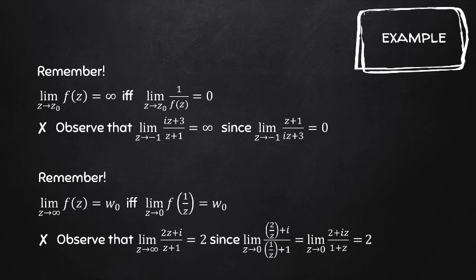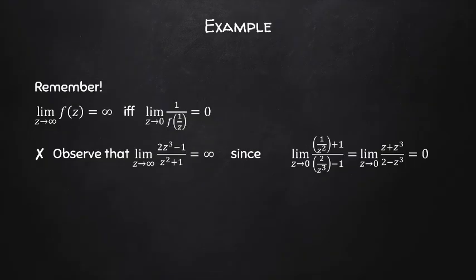So we can change the form of the function (2z+i)/(z+1) to f(1/z). So we have the limit as z tends to 0 of (2+iz)/(1+z). From the simplification, it is equal to 2.